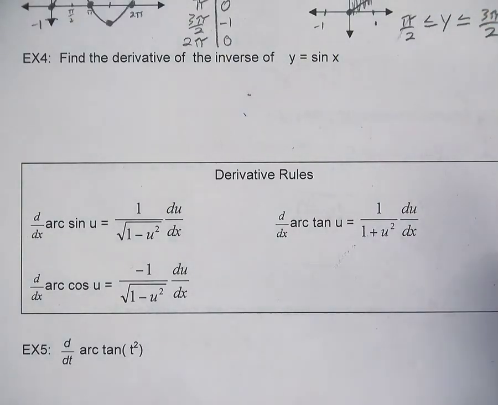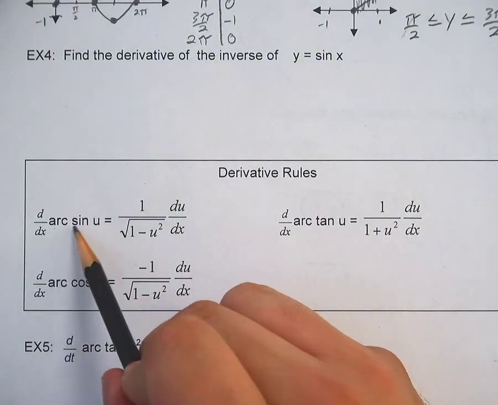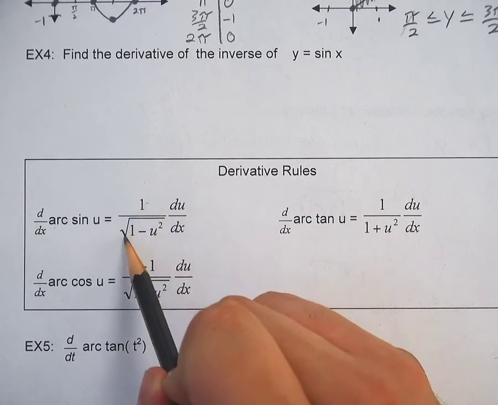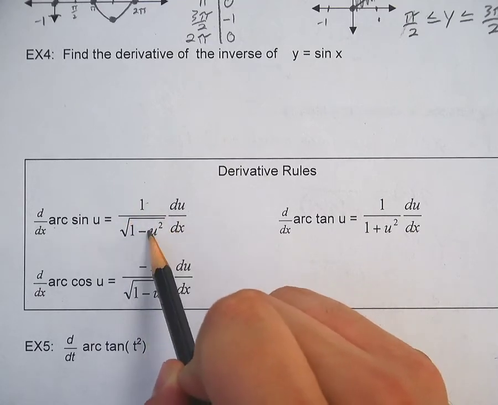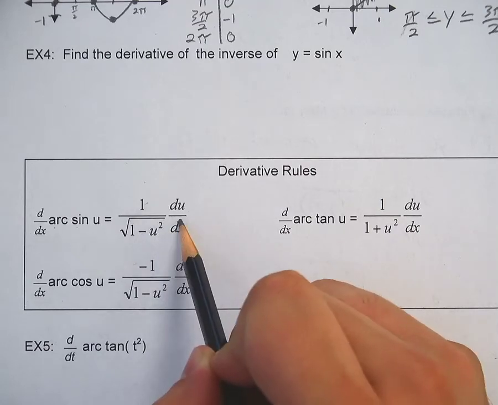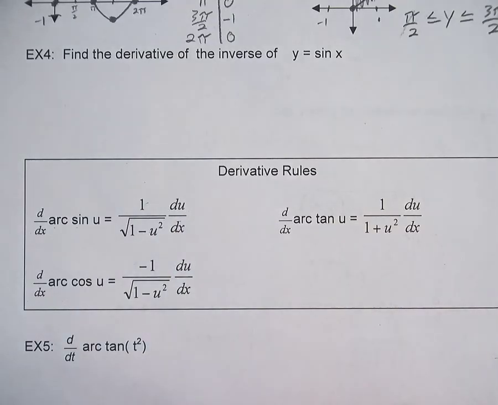So what we're going to say here, the derivative of the inverse of sine is 1 over the square root of 1 minus u squared times the derivative of u with respect to x. Okay? Times the derivative of u with respect to x.